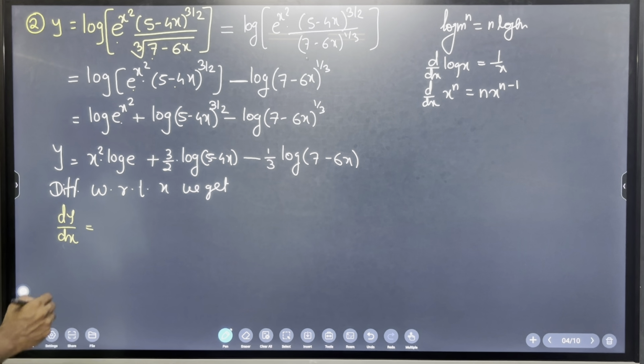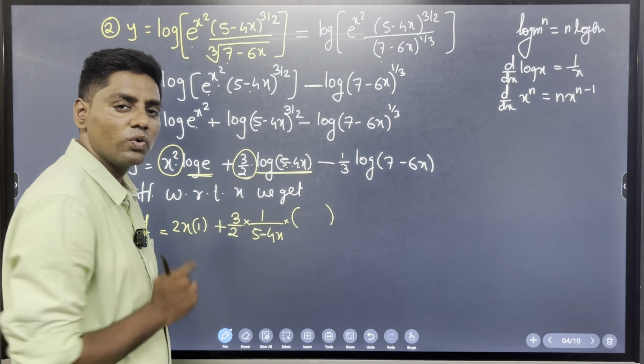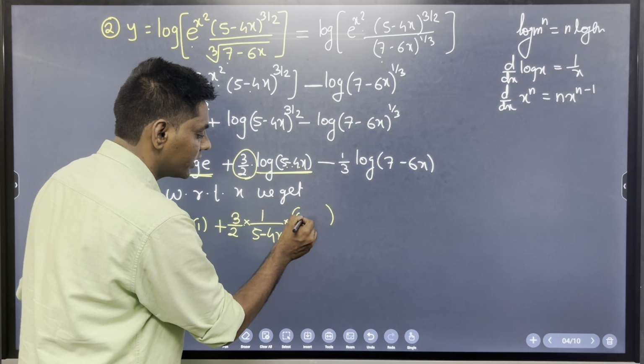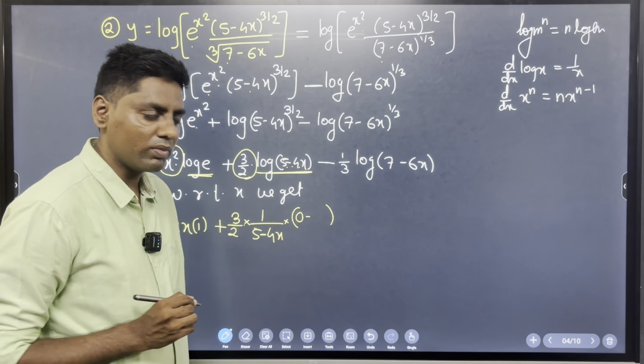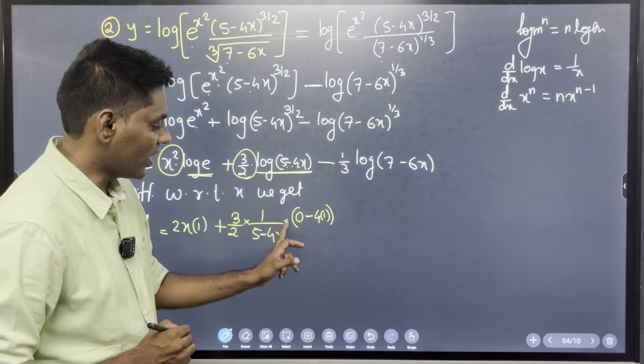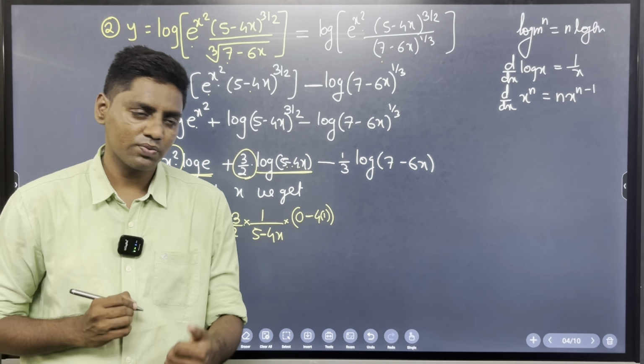When we take the derivative of log, it is 1 upon 5 minus 4x. Remember that here we have to take the derivative of that function. And what is the function here? 5 minus 4x. 5 is a constant whose derivative is 0, the minus sign stays as it is, 4 is a constant, and the derivative of x is 1. So the final answer of this bracket is minus 4.